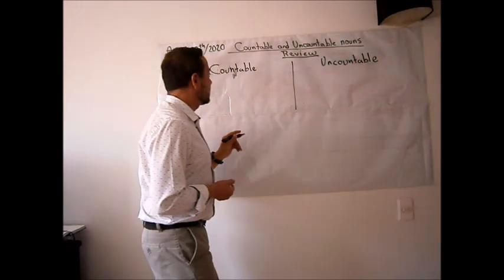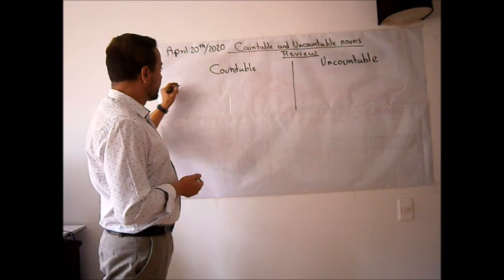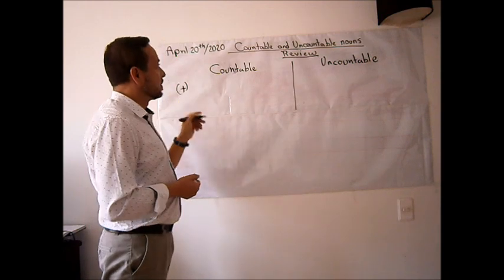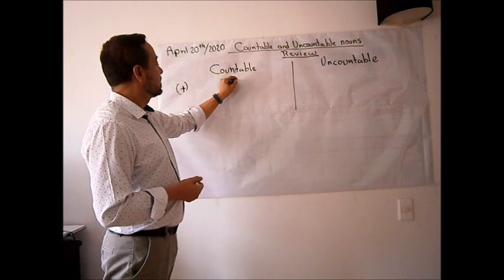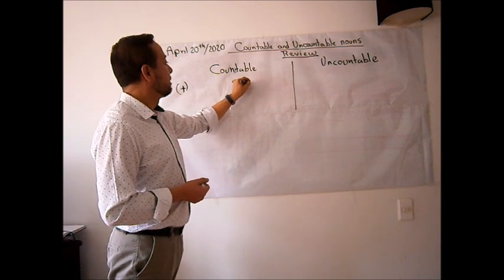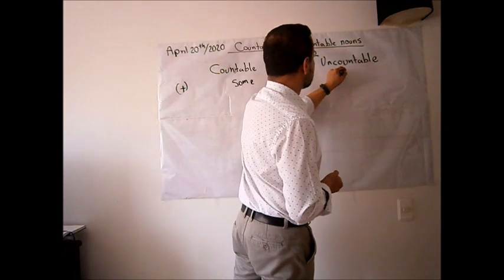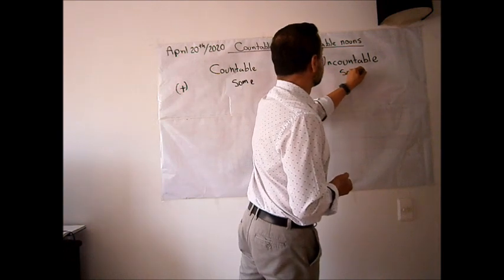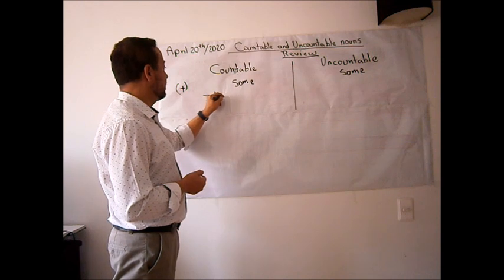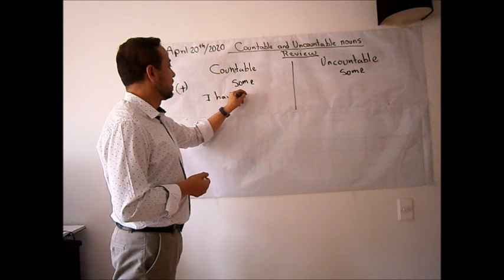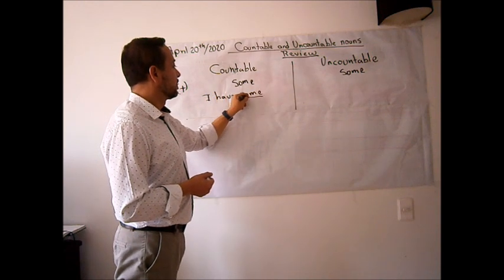Okay, remember that when we do affirmative sentences with countable and uncountable nouns, we use the word some in both cases. For example, I have some pets.